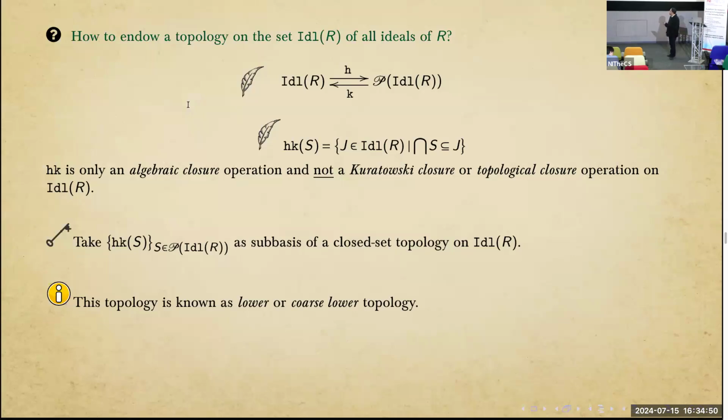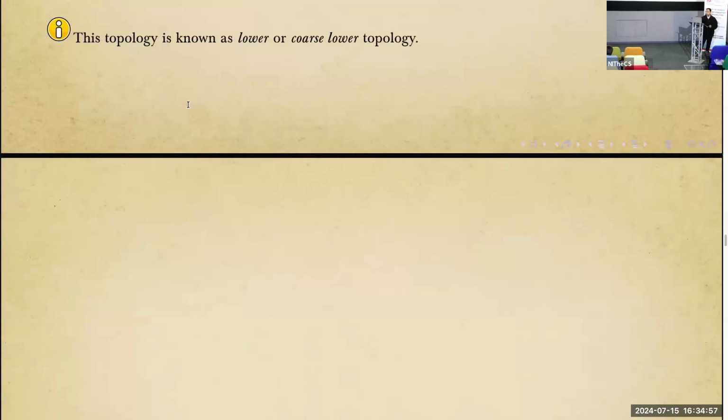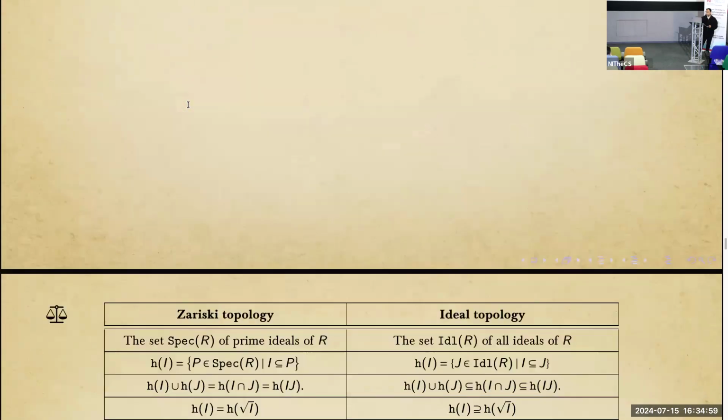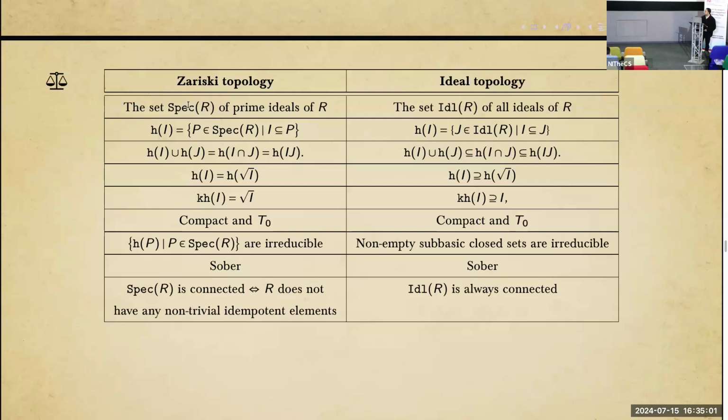But studying this topology for all kinds of ideals is actually something which, to the best of our knowledge, was not done before. So here is a typical comparison with our nice topology, Zariski topology, which we put on prime ideals, and ideal topology, which you can put on any class of ideals.